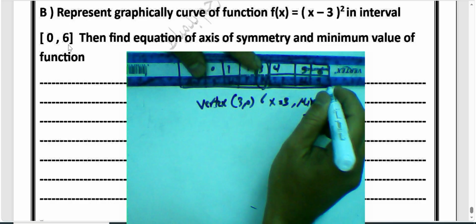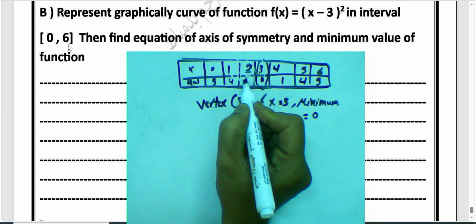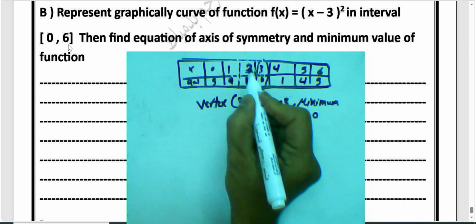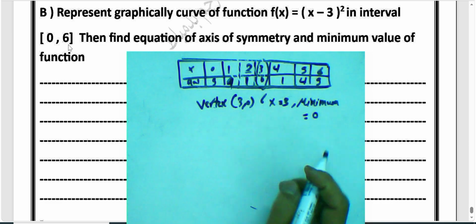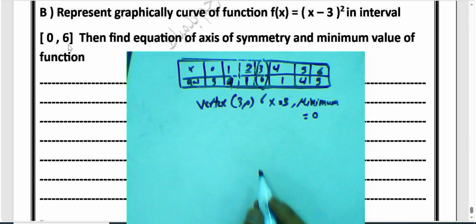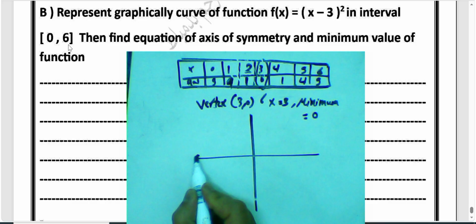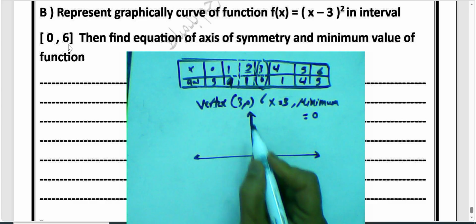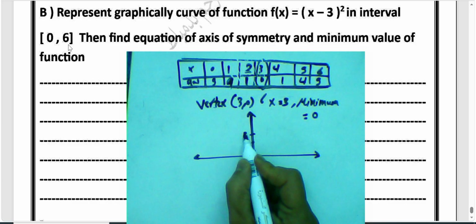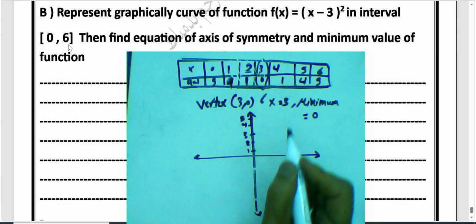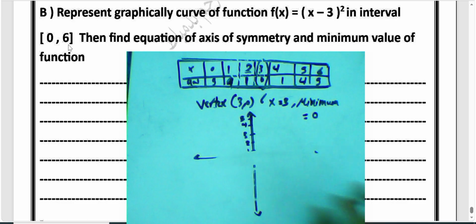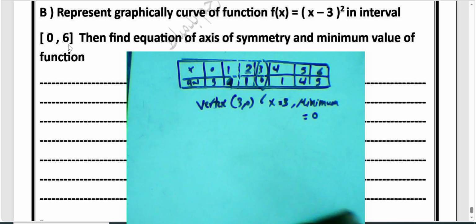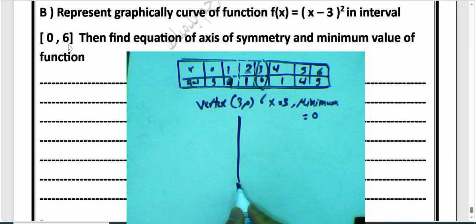Okay, now I will draw here the vertical. We have the image here again, this 4, okay, and this 4, okay, then 3 and 0 is the middle. You can draw the table about the x-axis and y-axis, and also graphically here we have 1, 2, 3, 4, 5, 6, 7, 8, 9, 10, and the images go down from 0 to 6. Okay, I will draw at the first quadrant like this to get 9.